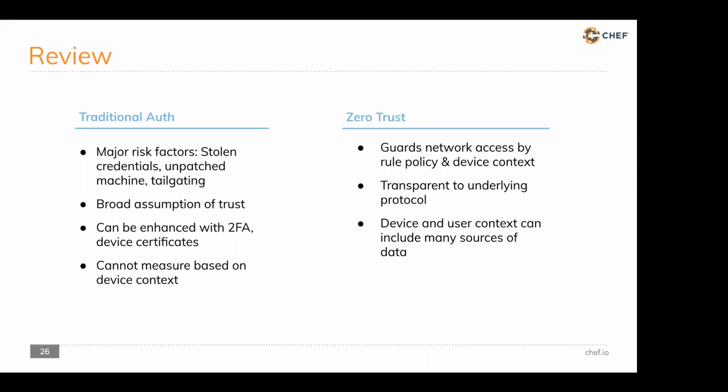So Zero Trust is effectively a way to intercept any authorization attempt and run arbitrary tests that take in as much device context as possible and allow us to do basic compliance level checks against that machine to make sure that it's actually up to the standards that we've set in our organization.